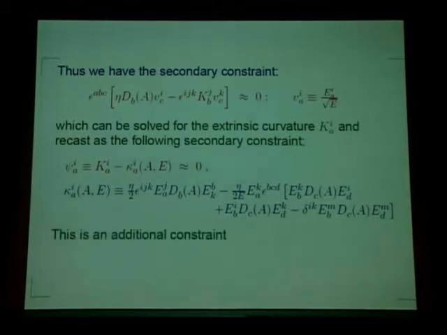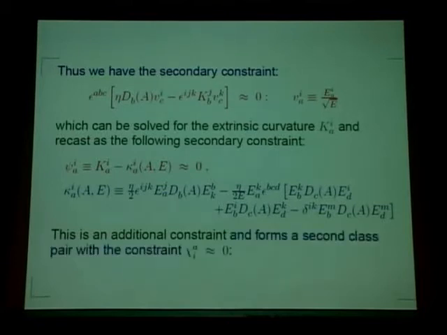So this is an additional constraint in the theory. But it forms a second class pair with the constraint we had, chi^A. So the Poisson bracket of chi^A_i with psi^B_j at equal time is delta^AB minus delta^AB, delta_ij, times the 3-dimensional delta function of x and y.